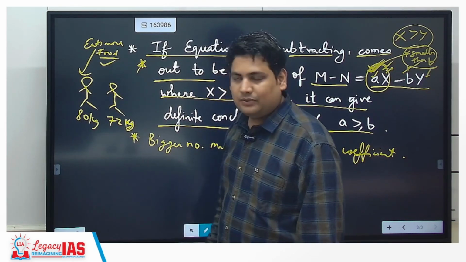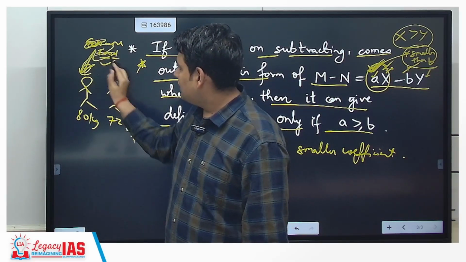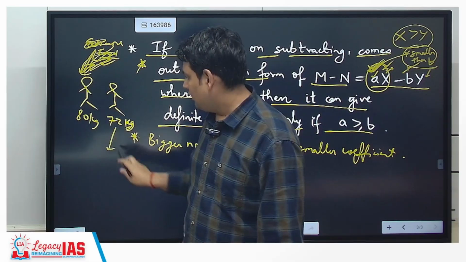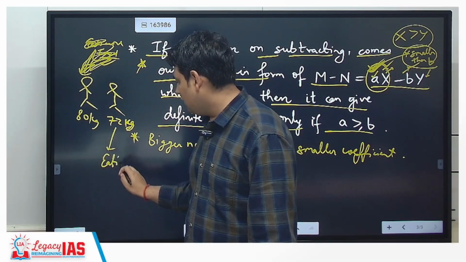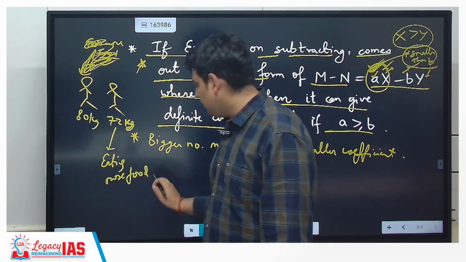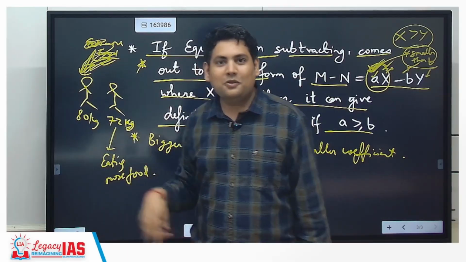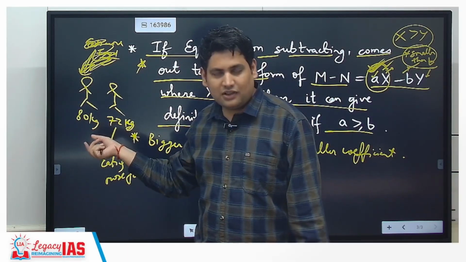But if I tell you that this person is 80 kg and this person is 72 kg, but this one is eating more food, then after 1 year, who will weigh more? Now you cannot tell, because we don't know how much less this person is eating.